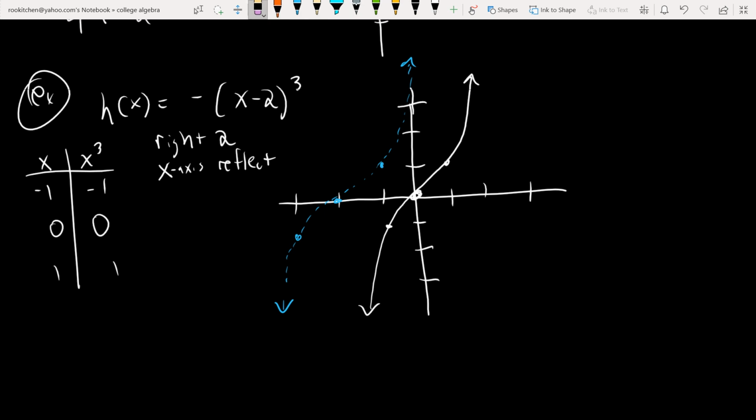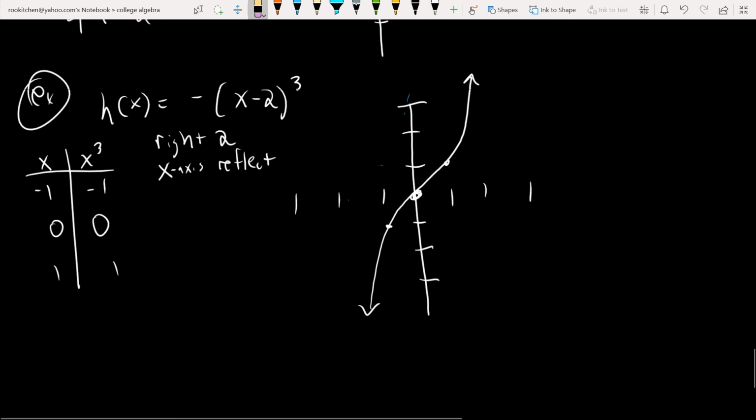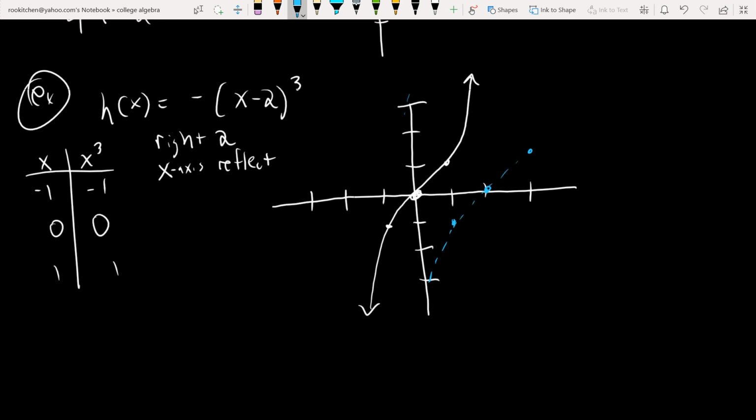It's going to be impossible to erase that. Okay, so you got to go right 2. So there's our first graph.